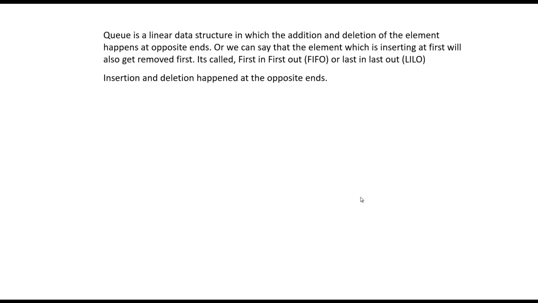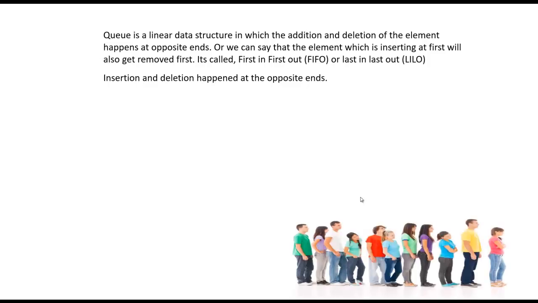If you ask me, the best example of the queue data structure is a queue of people generally standing in a bus stand or a railway station queue. If you see this lady who is standing in front of this queue, this lady must have come first in this queue, and this is the person who is in the second position, and this is the lady again in the third position.